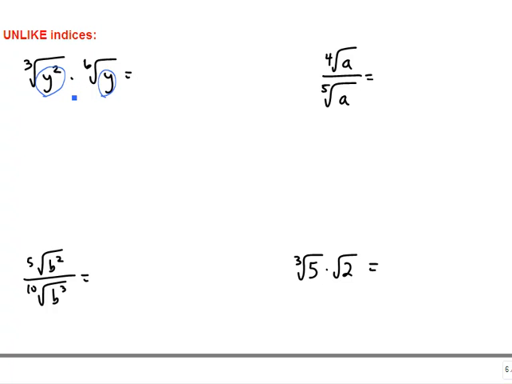So the only way to deal with these is to do them like we did the other problems, convert to rational exponents first. So change these radicals into fractional powers, then you reduce and combine any way that you can, and then you convert back to radicals.